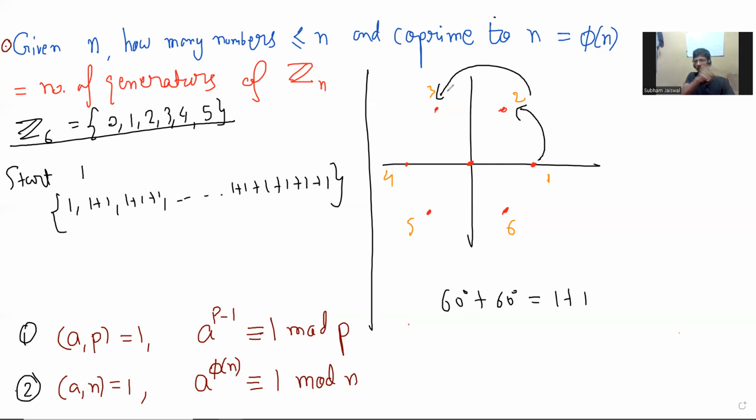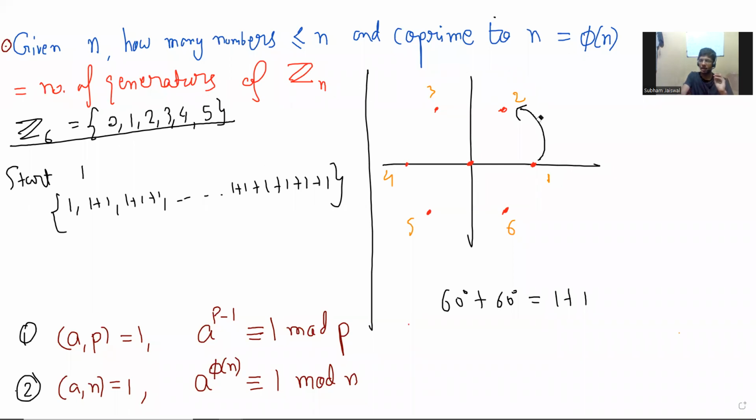Now this one and that one are not the same things, but the point that I'm trying to make is that the way the addition is happening here, the addition is also happening here in the same way.